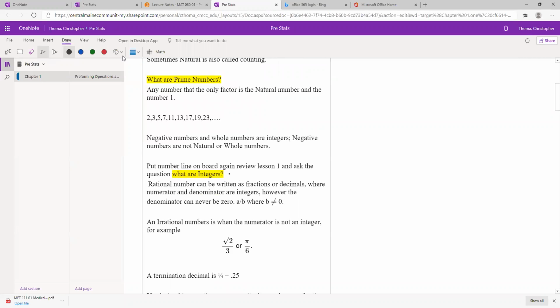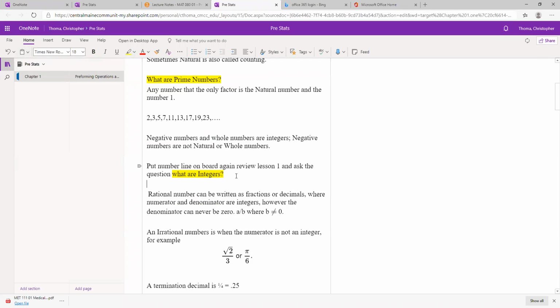All right, so we're obviously not in the classroom, so I'm not going to draw it out because I've already drawn it out. Let me make this a little bit neater here. A rational number is any number that can be written as a fraction or a decimal, right? So if I can write a number as a fraction, then that is a rational number.